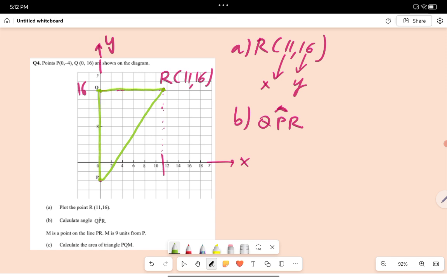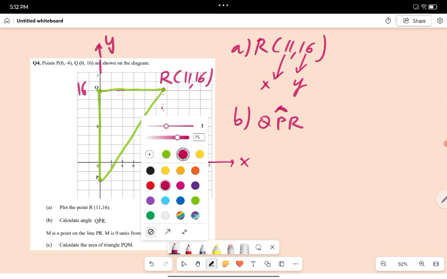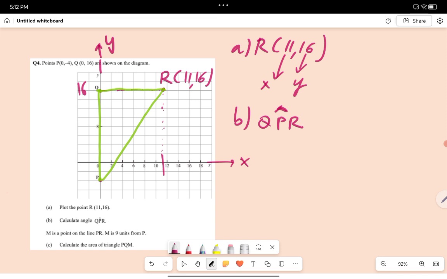Okay, guys, so when we work out angles in triangles like this, we're going to use SOH CAH TOA, where you compute the sine or the tangent or the cosine in terms of the sides of the triangle. But the triangle must be a 90 degrees triangle. So is that the case? That is indeed the case, because here we've got a 90 degrees angle, because Q is at level 16 and R as well, right? So this is a straight line compared to this one and to this one. Okay, so we've got a 90 degrees angle.